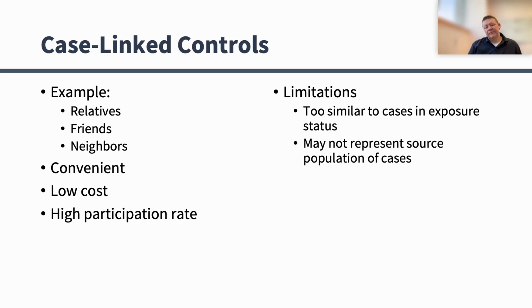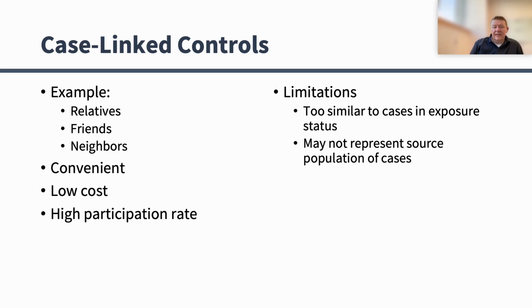We can also consider selecting controls that are linked to the cases in some way. These studies might recruit relatives, friends, or neighbors of a case. The advantage is that they are typically more convenient to get than the general population. They can be lower cost because you expend less effort to recruit them, and they typically have a higher participation rate. But they can be too similar to the cases in exposure status.